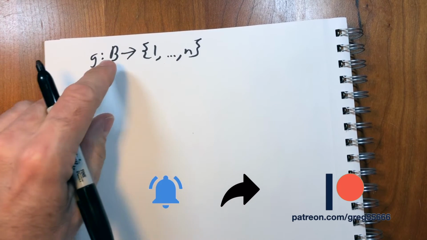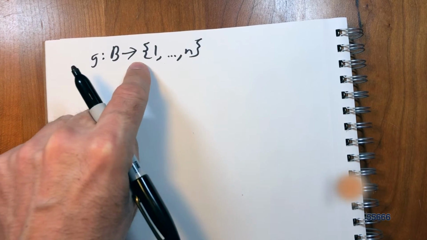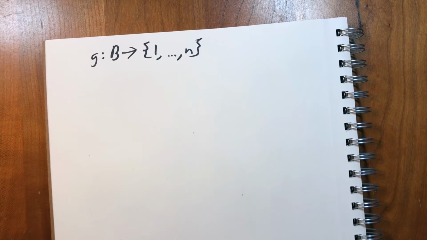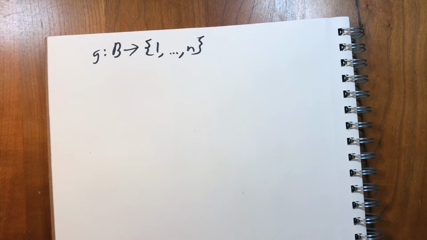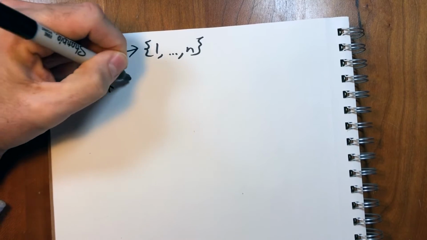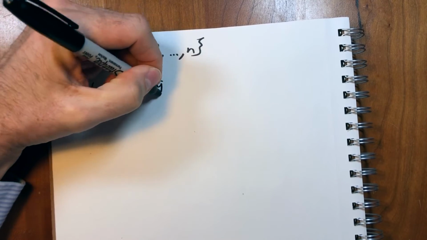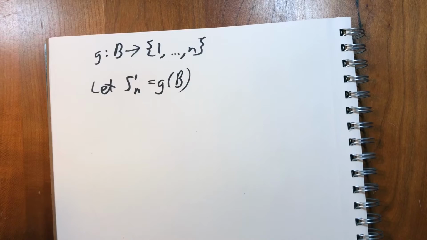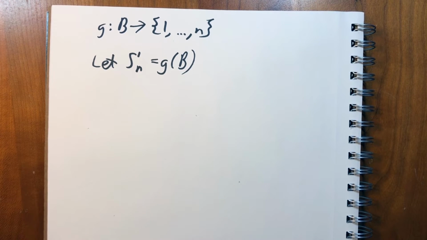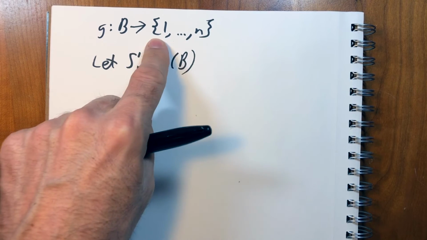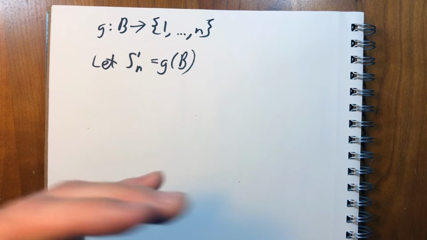If it's surjective, then every element in the subset of positive integers will be mapped to. Injective means that there's only one b that goes to each one of these. So let Sn prime equal the image set of b under g.